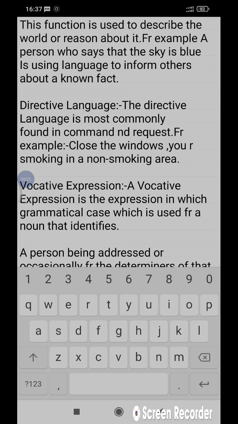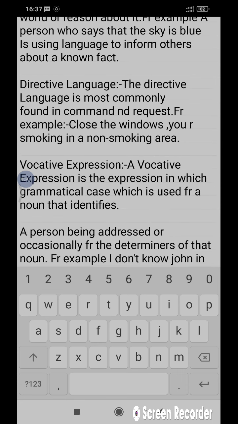When a person is standing, close the door, the other person commands him, please close the door. It is a command to the other person. And you are smoking in a non-smoking area, it is a request to a person not to smoke in a non-smoking area.